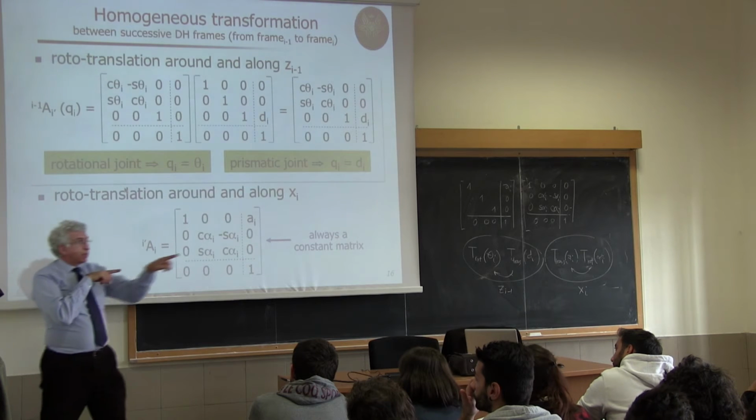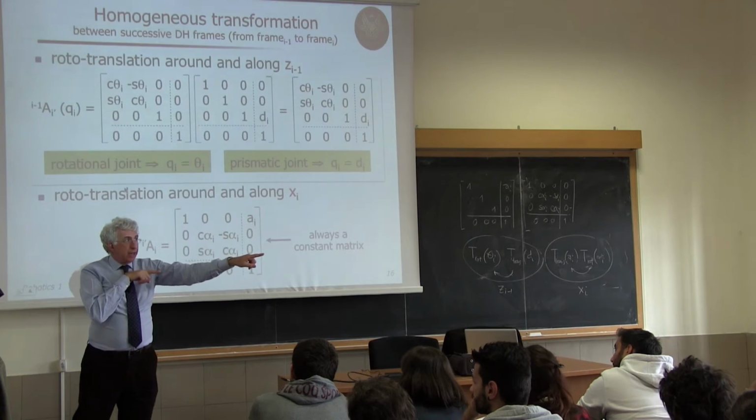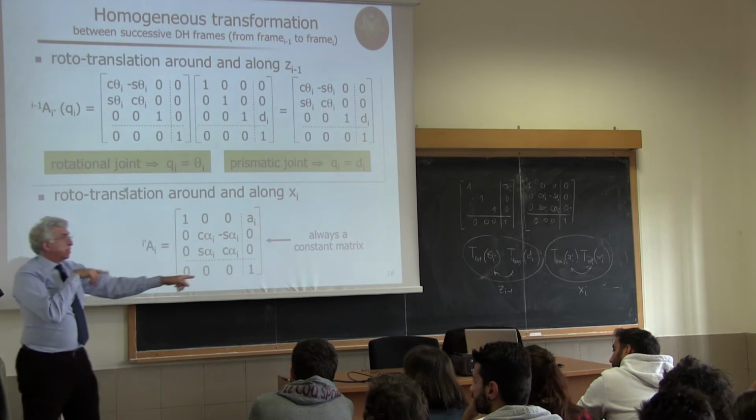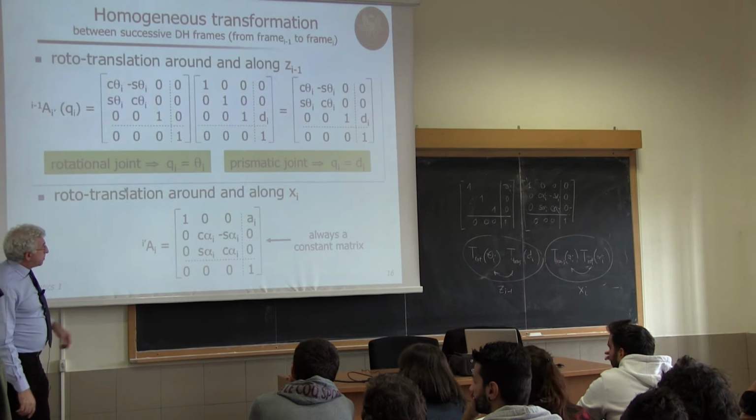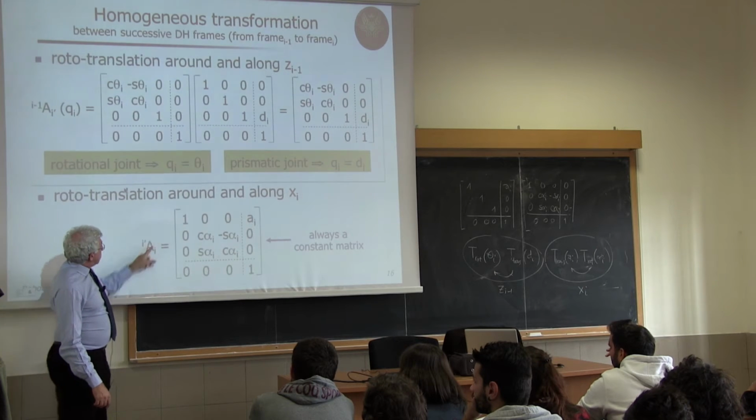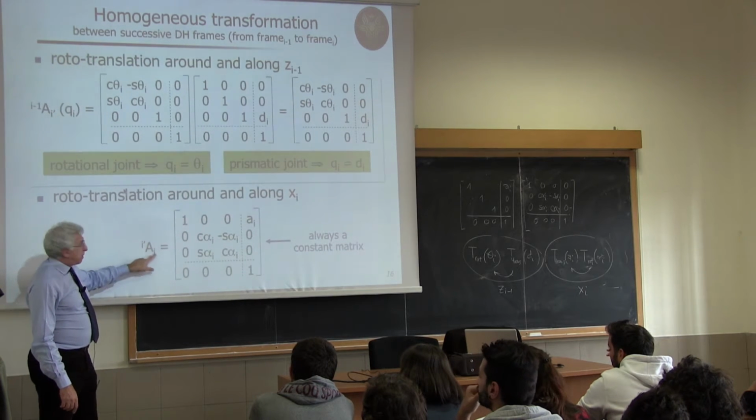Now I only have to translate along x i and then twist so that z i is reached. So from this intermediate frame i prime, I go to i.